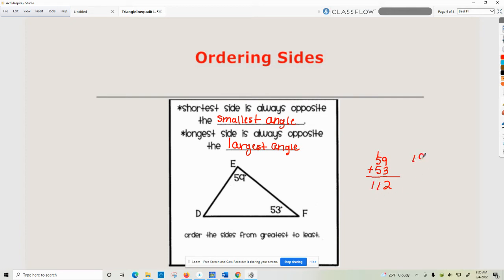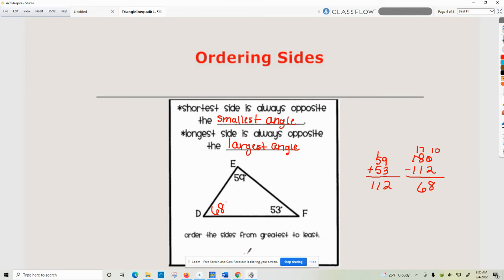Then I want to take 180 degrees and subtract my 112. So my missing angle would be 68 degrees.